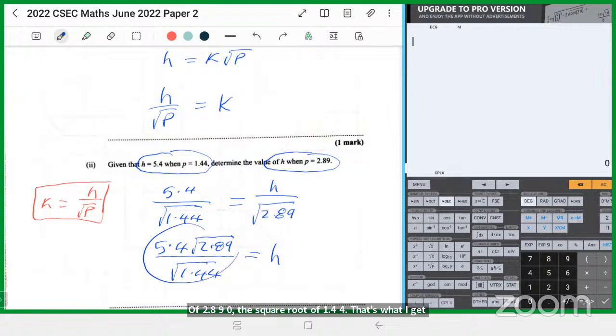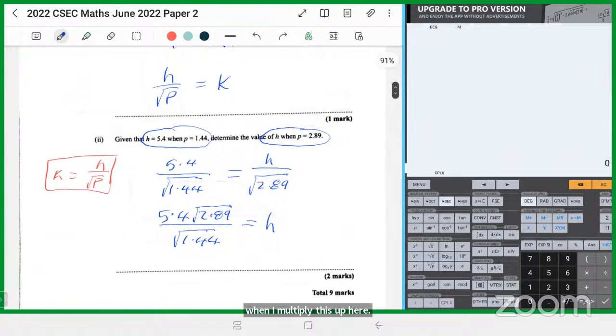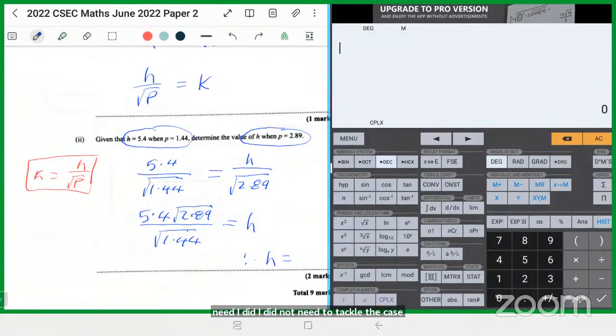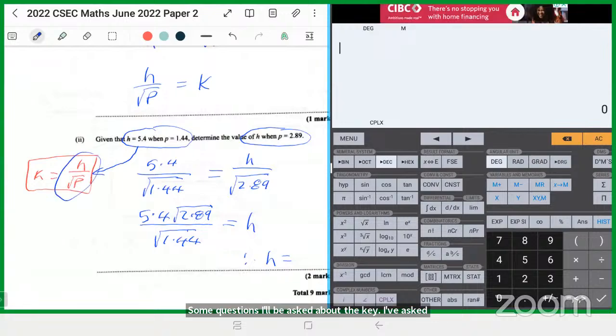So when I work this out, I have my h. Therefore, my h is equal to, let's work this out, and that's my h. I did not need to calculate the k. Some questions will ask for the k. If asked for the k, all you have to do is plug these values in and work out what the actual value of k is. But I don't need the actual value of k.